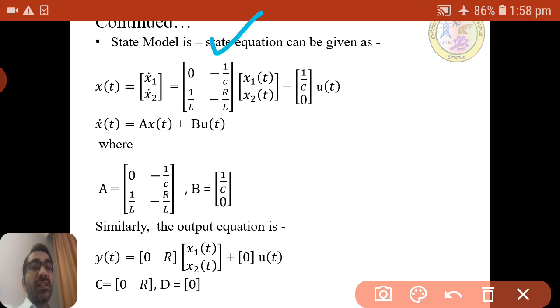Here these are the coefficients with respect to the state variables, that is A.